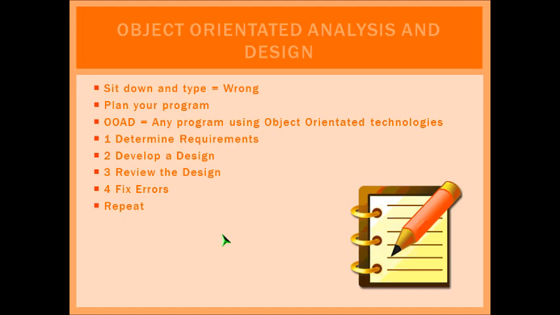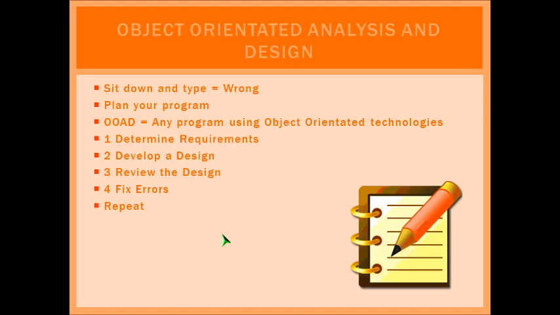That's wrong. Don't do that. It's bad. You see your colleagues do these things daily. They'll write code for 3 days and realize it doesn't work at all and start all over again. No, don't do that. Plan your program. Make use of object-oriented analysis and design.